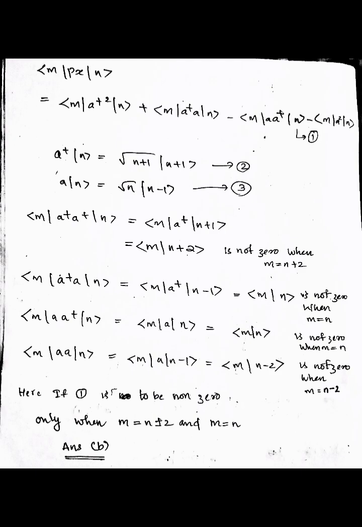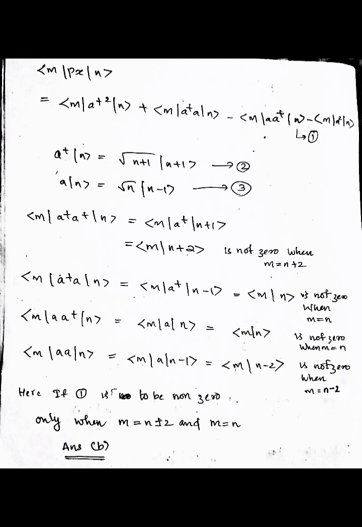And the third term in the first equation, <m|a†|n>, is equal to <m|a|n>, and this is equal to <m|n>, and this is not 0 when m equals n. And the fourth term, <m|a²|n>, is equal to <m|a|n-1>. Ignoring the constants, this is equal to <m|n-2>, and this is not 0 when m is equal to n minus 2.